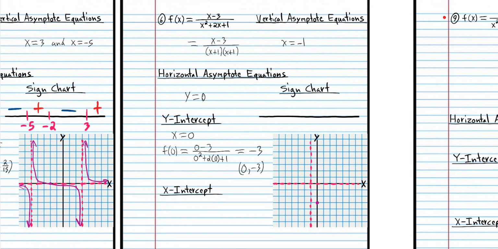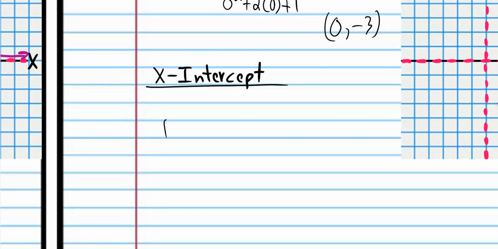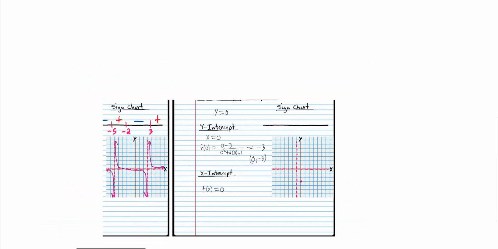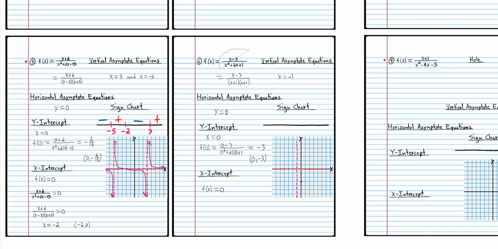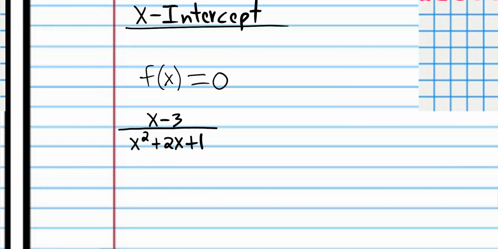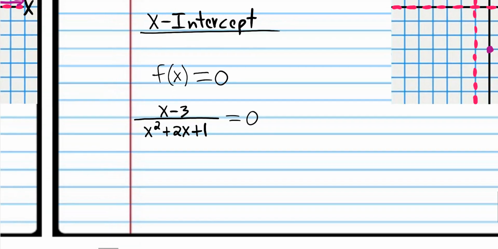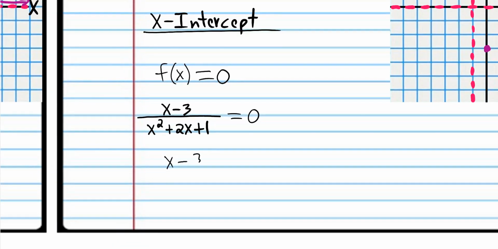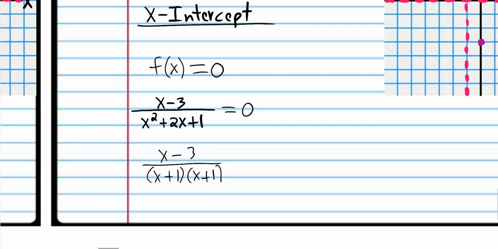And to find the x-intercept, we let y equal 0. But remember, f of x is the same thing as y. So I'm going to copy down our function, just so you can see how this process works. We want to know what makes that expression 0, and let's write the denominator in factored form so we can be absolutely sure that we don't have any common factors.